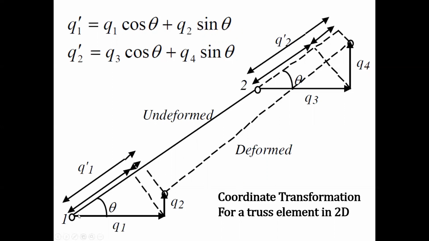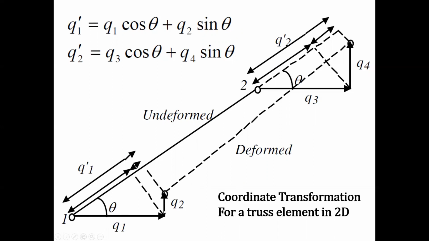Okay, so a little trigonometry is involved to find a relationship between q1 prime and q1, q2. Not that difficult really. You have an angle theta between the positive x axis, moving counterclockwise positive, to the actual angle of your truss, and that's your angle theta.